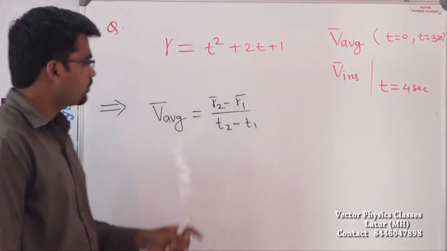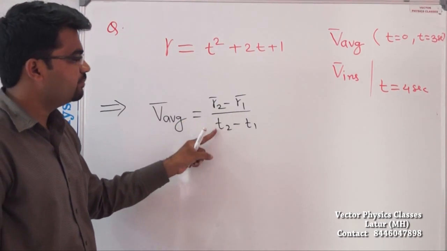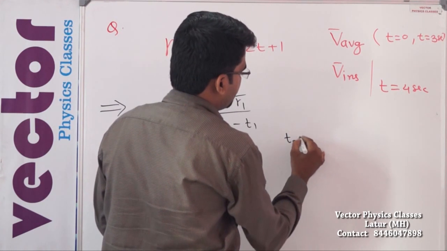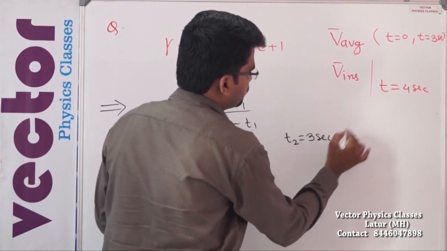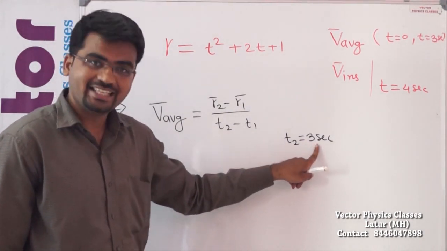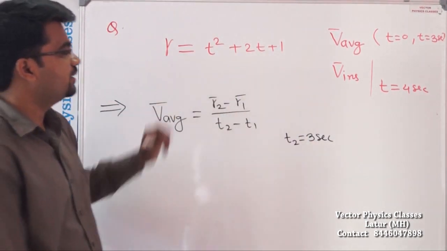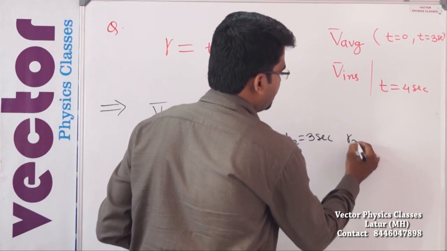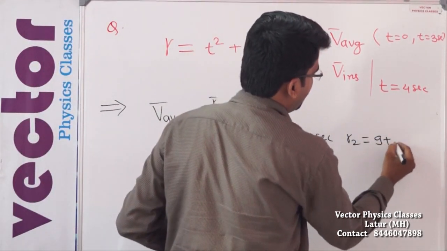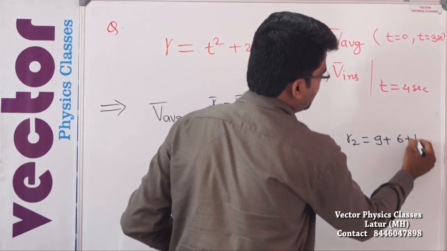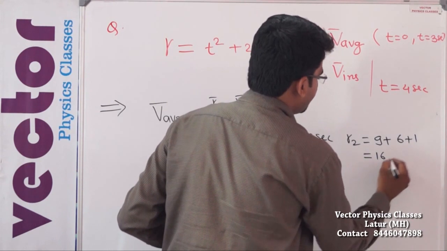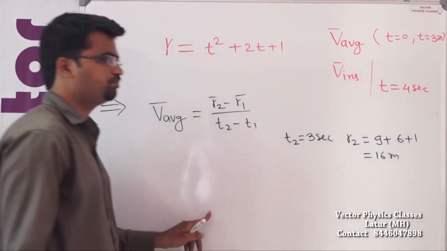What is the position at time t2, which is 3 seconds? r2 is equal to 9 plus 6 plus 1, which is 16 meters.